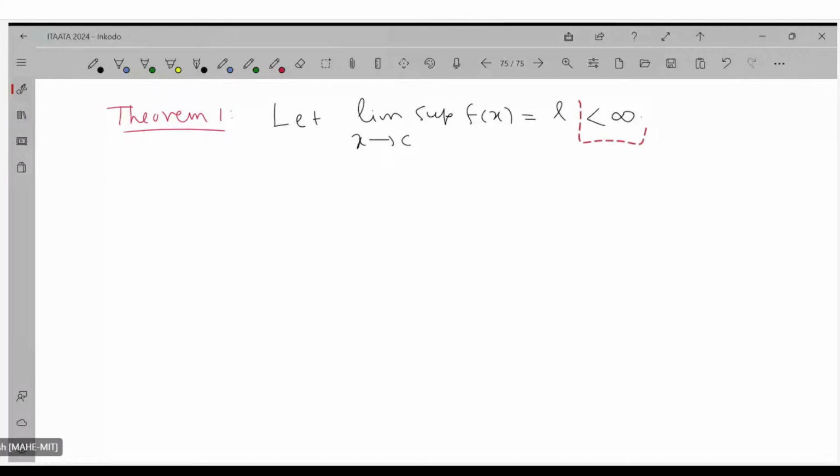Theorem 1: let lim sup of f(x) as x tends to c equal L, which is finite, that means it's a real number.